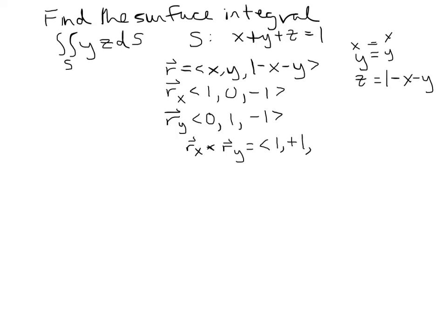And then the z component of it would be 1 times 1 minus 0, so again 1. The magnitude of this vector is the square root of all the components squared. 1 squared plus 1 squared plus 1 squared, and we get that root 3, just like we did before.